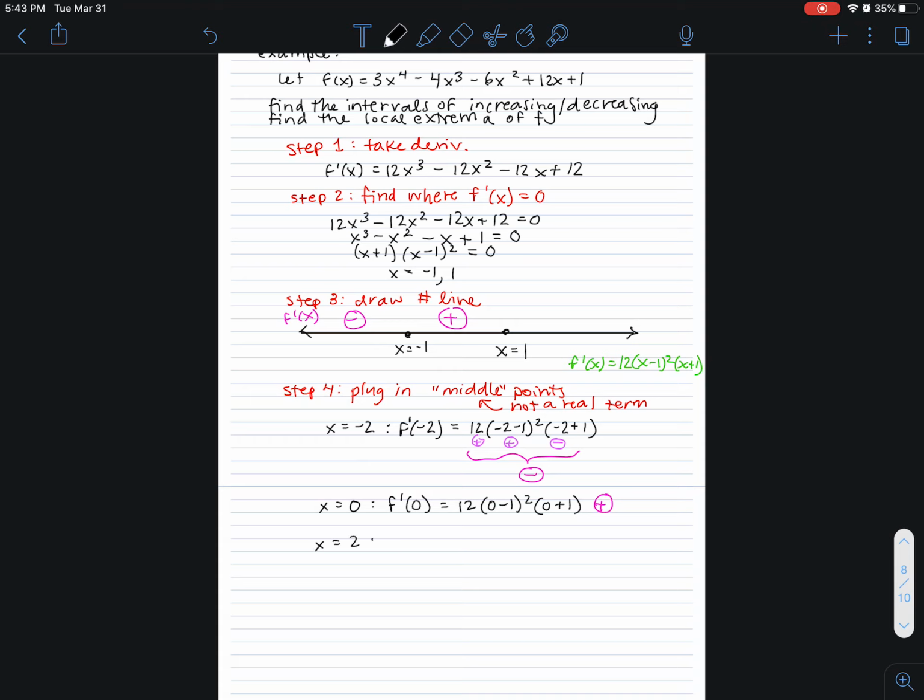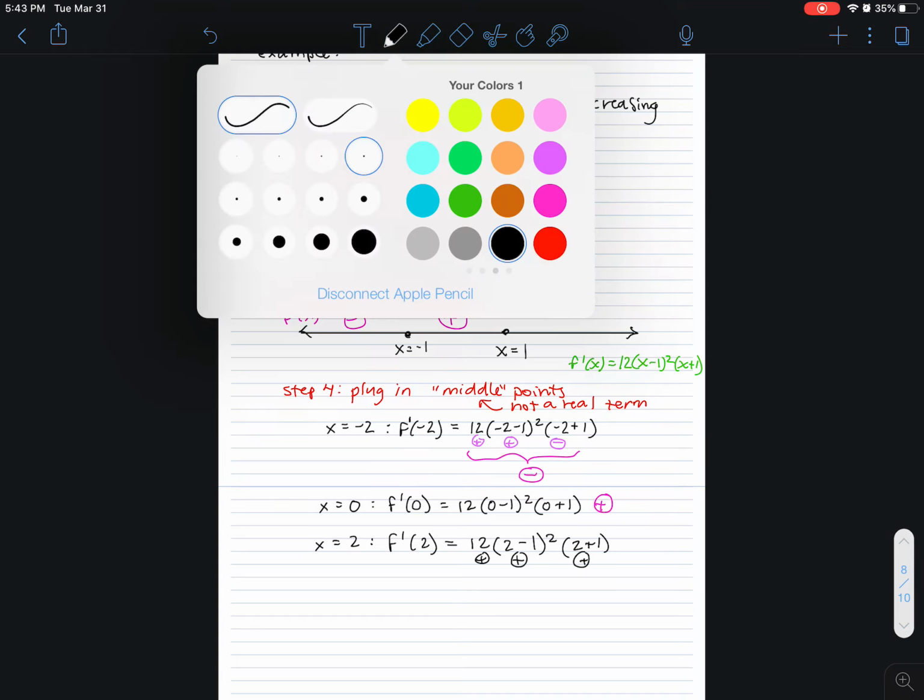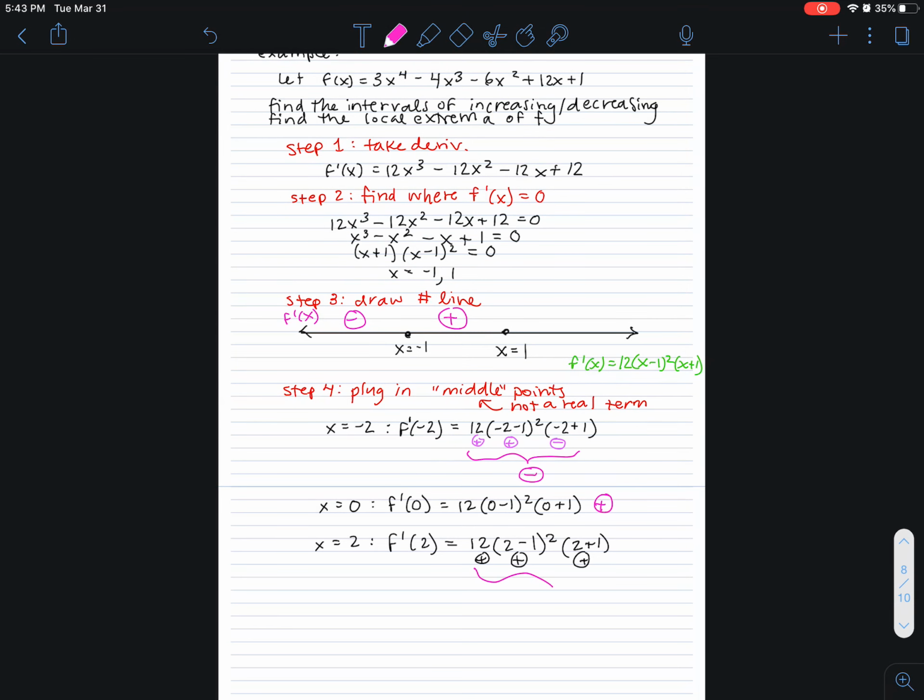Let's do x equals 2 for the right of x equals 1. F prime of 2 is equal to 12 times (2 minus 1) squared times (2 plus 1). This is a positive times a positive times a positive, which is positive. So the slope is also positive to the right of positive 1.